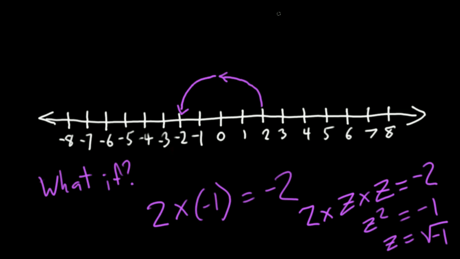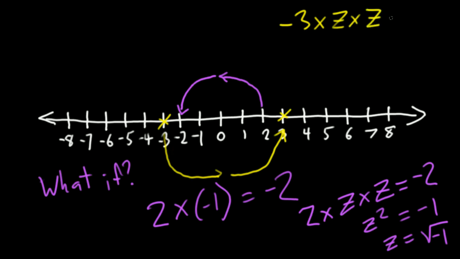Let's try a different one. Let's try starting at -3. If we start at -3 and rotate a quarter of a turn, and then rotate a quarter of a turn again, we should end up at +3. So -3 times some mystery number z times z again should get us to +3.